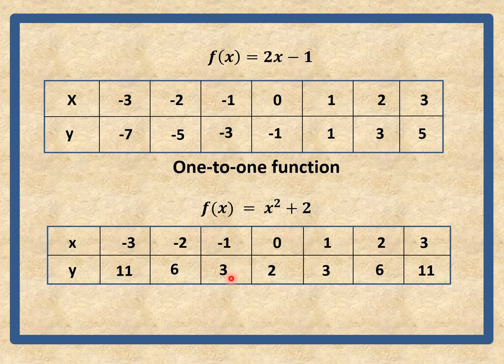Same goes with 3. 3 has been paired with two different values of x, which are negative 1 and positive 1, thus making this not a one-to-one function.